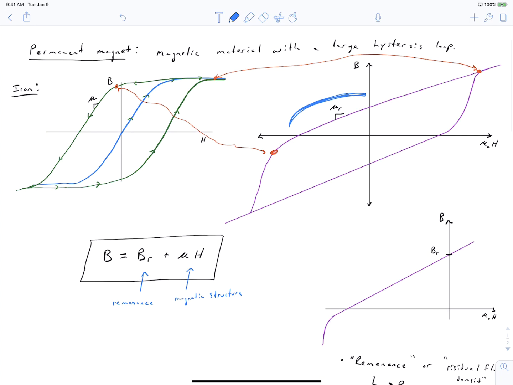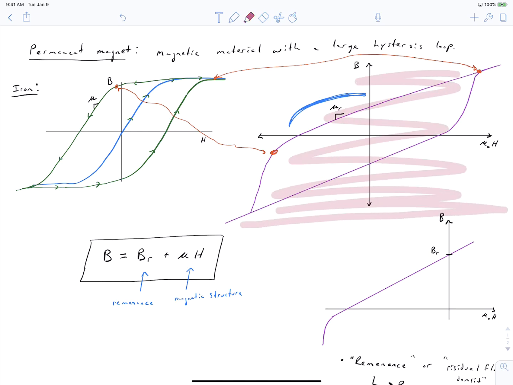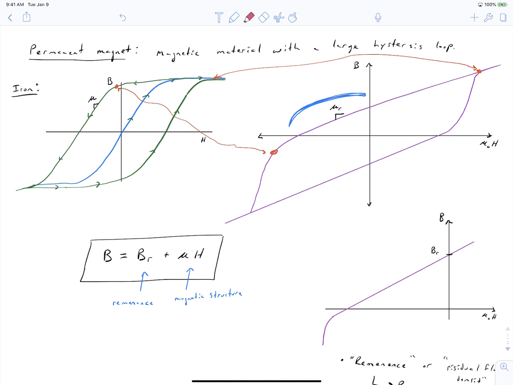And so the way that you get this characteristic is that you've got a material that exhibits this BH curve that we've shown up above here. And when you initially get your material, you're going to sit at this point right here. And so what you do is you put this thing in a very large magnetic field that pushes your magnetization state way out here.